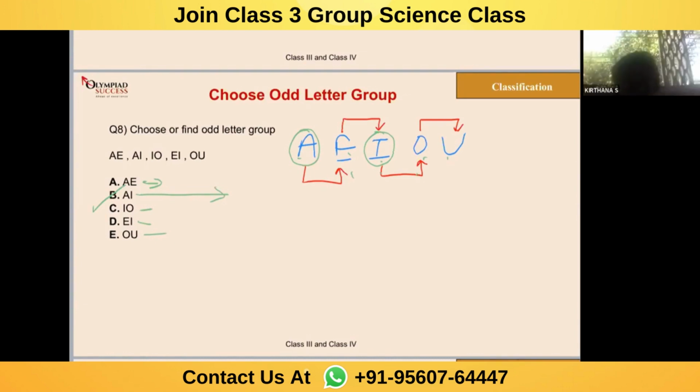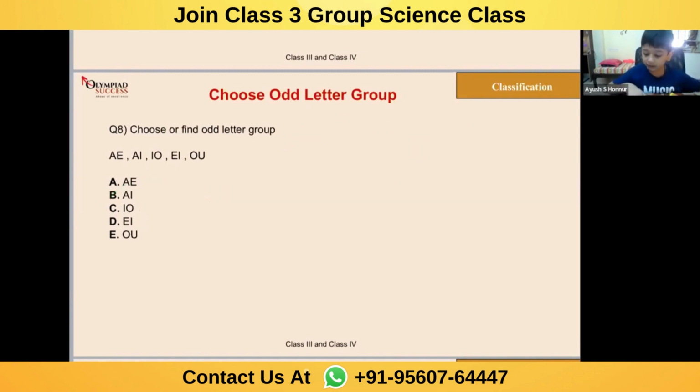Ayush, say. Ma'am, actually, I got the answer as D, ma'am. When you were explaining, I got D, ma'am, because in the middle of A and E, 4 letters are there. In the middle of A and I, 8 letters are there. In the middle of I and O, there are 6.